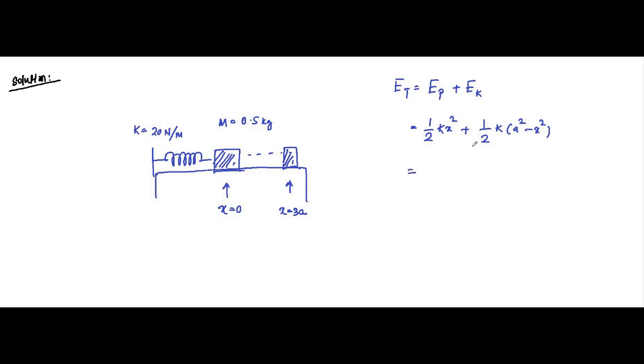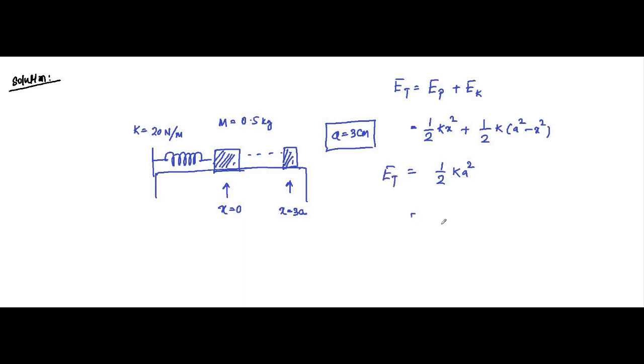So 1/2 k x square minus 1/2 k x square get cancelled out, and it becomes 1/2 k a square. Here the amplitude of oscillation A is equal to 3 centimeters. So the total energy is this much.